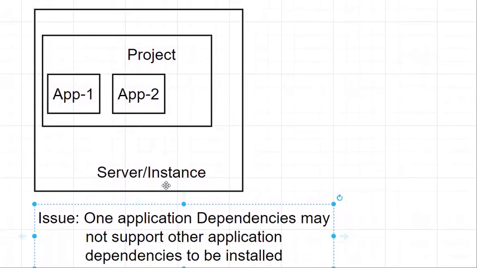So that causes an issue of failure of your other application. Yes. Now let's say your application dependencies are supportable. That means you are allowed to install all the dependencies required by app 1 and app 2. You would not have encountered any problem here.